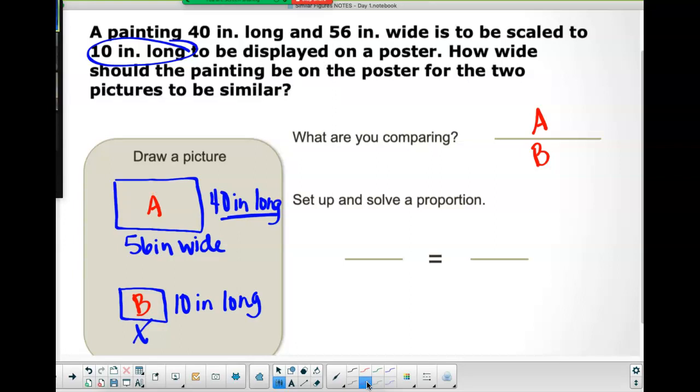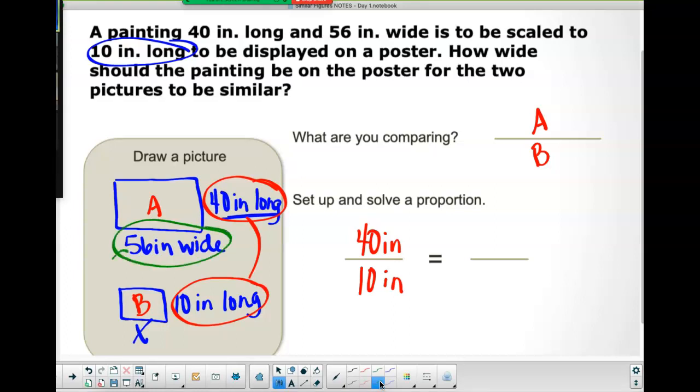Okay, so pick a side on A, 40 inches, matches up with the 10 on B. So you have 40 over 10. Pick a side on A, 56 inches matches up with the X. So 56 inches over X. Okay, once you have it set up, now it's just using your calculator to solve it.